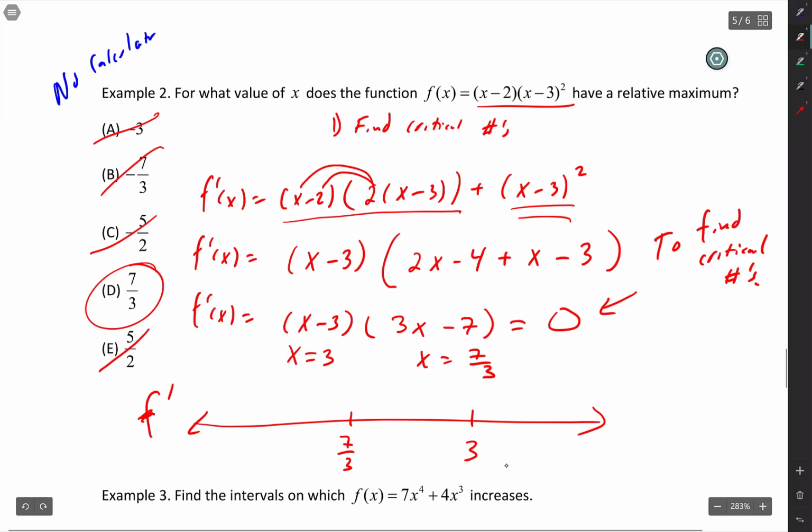I'm going to plug in a number to the left of 7/3, like 0. If I plug in 0, I get negative times a negative, which is a positive. I'm going to plug in a number between 7/3 and 3, like 2.5. No, you don't need a calculator. 2.5 minus 3 is negative. 3 times 2.5 is a number bigger than 7. So that's positive. Negative times a positive is a negative.